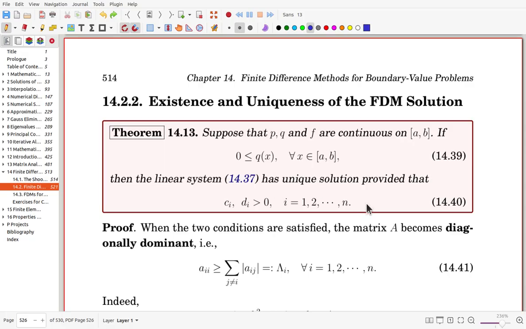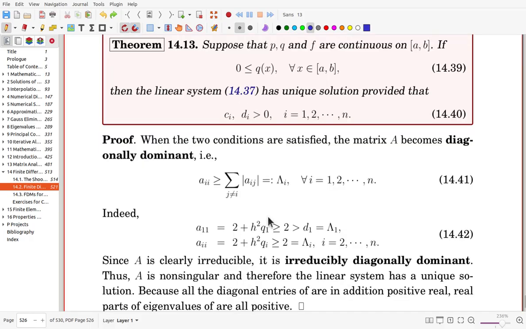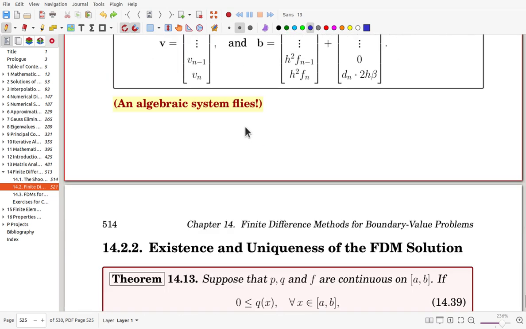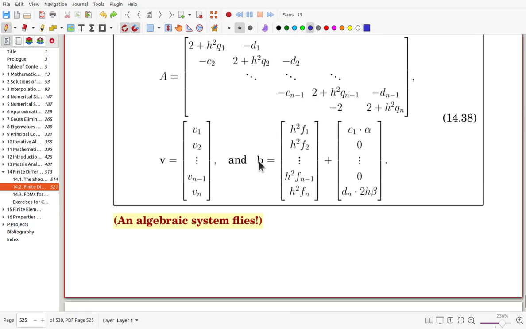And that's the theorem. And the reason is quite simple. These are chosen such that the matrix is diagonally dominant. Once it is satisfied, for example, these are positive, that means that c and d are defined.